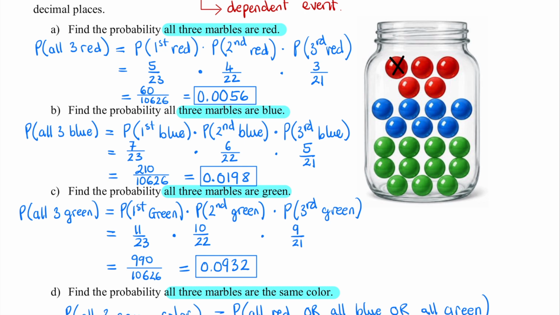After the second draw, another non-green marble is removed. There are 10 non-green marbles left out of 21 marbles total. So the probability that the third one is not green is 10 out of 21.